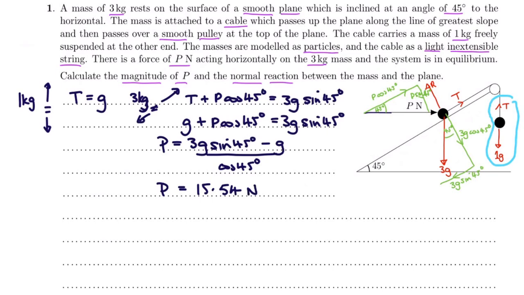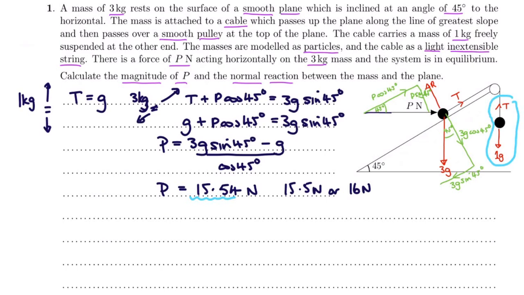Or, more likely, because G is 9.8, you can have 15.5 or 16 newtons. Remember, when you are using G as 9.8, your answer must be to 2 or at the most 3 significant figures. But I'm just going to keep the 15.54 because the next bit asks us for the normal reaction.